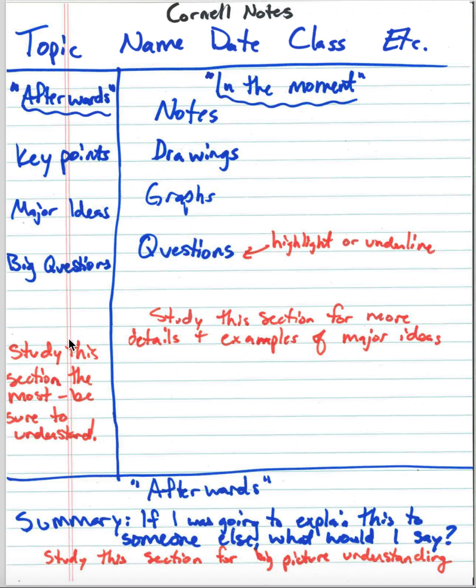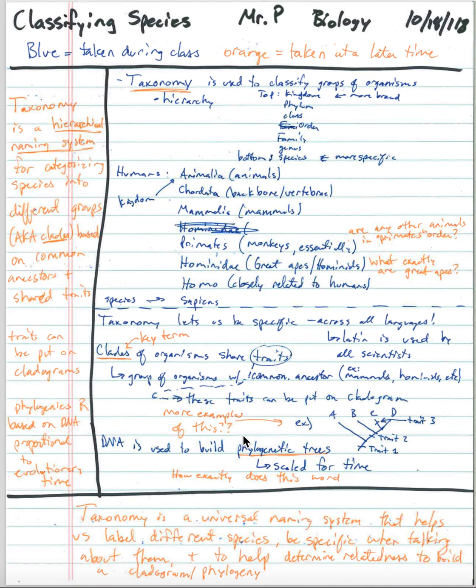So really making sure you have a solid understanding of these and using this as examples to strengthen your understanding of the main points and big questions. And then you can use this summary to sort of refresh yourself on what the big picture was for this whole topic. So I've got an example here of our notes on classifying species.